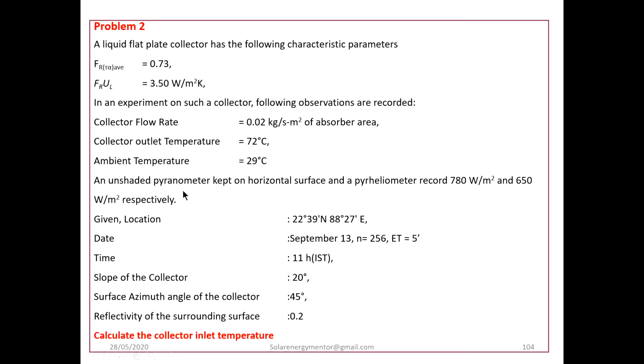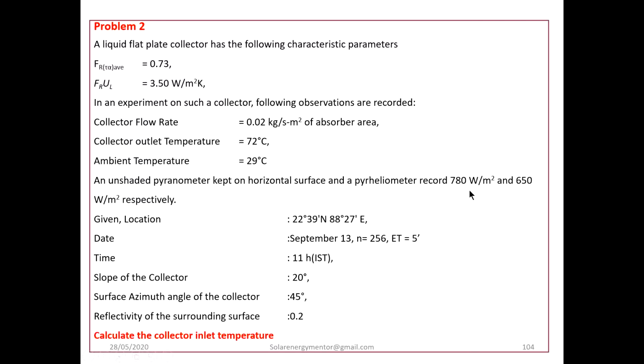An unshaded pyranometer kept on a horizontal surface and a pyrheliometer record. So there are two meters kept. One is an unshaded pyranometer which is kept on a horizontal surface and another, a pyrheliometer, which measures the beam normal radiation.